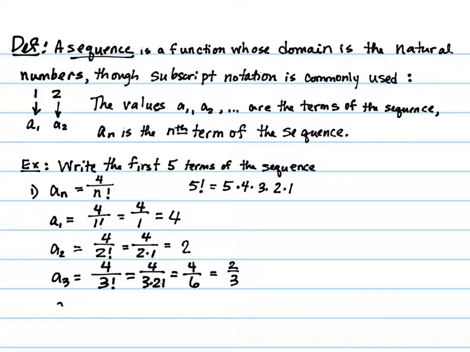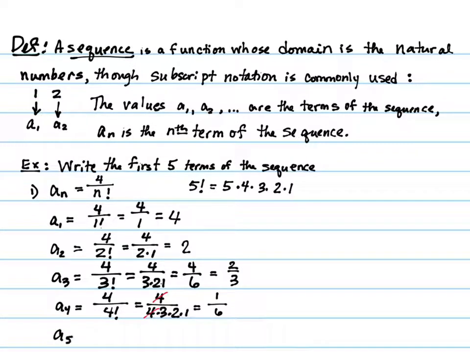We have a couple more. We're supposed to go to 5 terms. A sub 4. So this is 4 over 4 factorial. So I have 4 over 4 times 3 times 2 times 1. And while it's perfectly fine if you want to multiply the 4 times 3 times 2 times 1 out, if you're paying attention so that you catch when these things happen, you can also just reduce things as you go. So this 4 and this 4 will cancel, leaving me with just 1 on top and 6 on bottom.